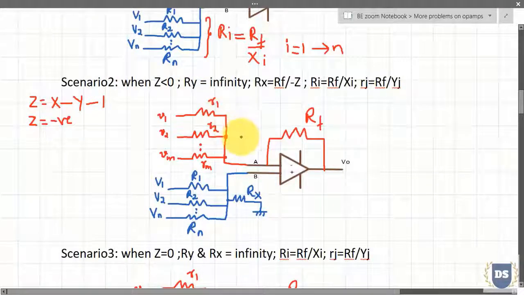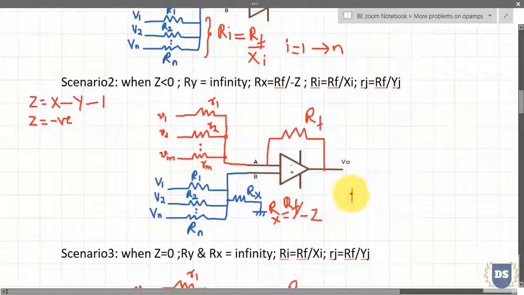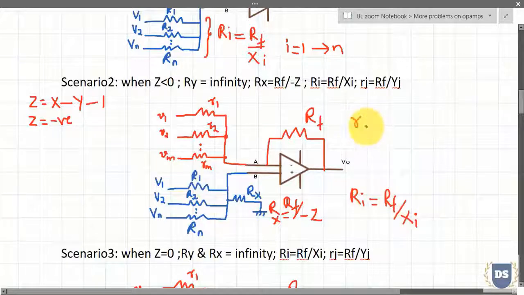So thereby we have left out the use of Ry here, and Rx will be equal to Rf divided by negative Z, and Ri is given as Rf divided by Xi, and Rj is given as Rf divided by Yj.